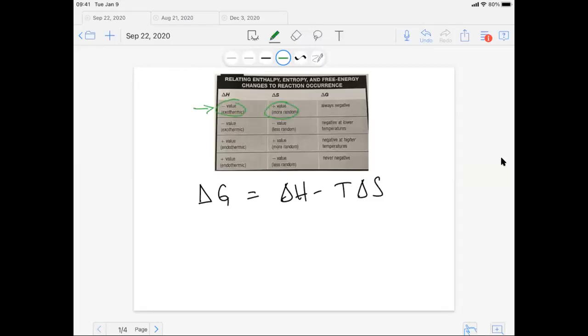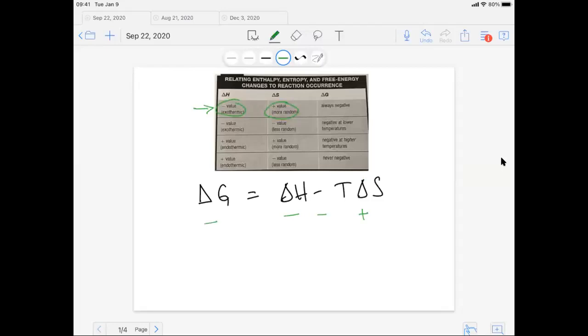So if you have both enthalpy and entropy being favored, then obviously delta G is also going to be spontaneous. Putting it into mathematical terms, going to the equation down here, if delta H is negative and you're subtracting a positive number, a negative number minus a positive number is always going to be negative.